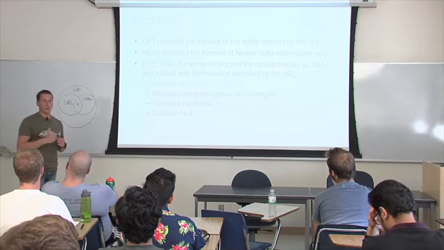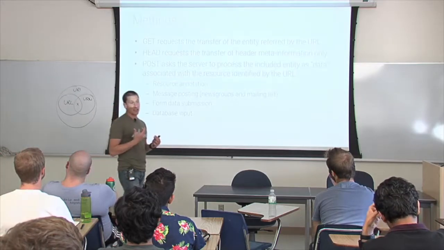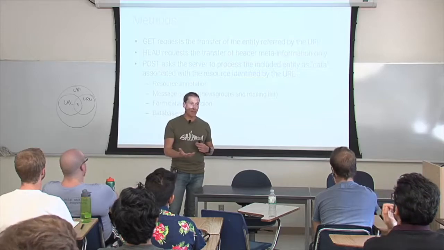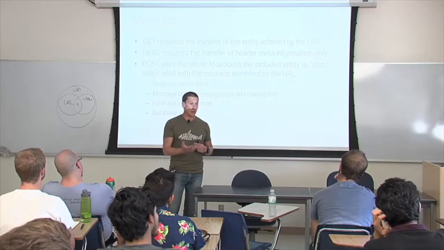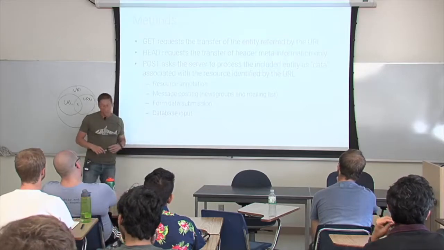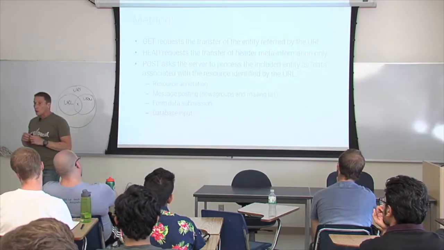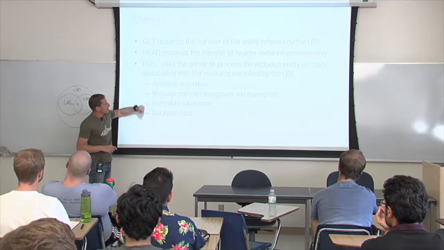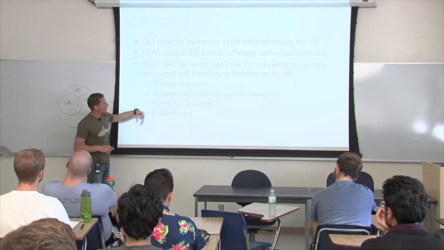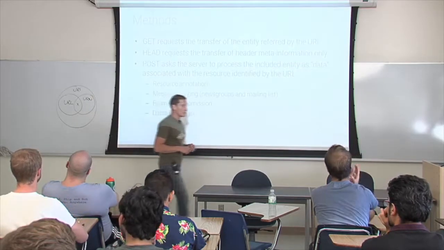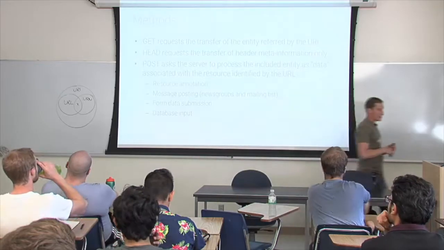It can tell you when it has been modified, and you can decide, oh no, I already have the latest version, so you don't have to download the whole thing in order to understand if you're interested in that file. And then you have POST, which is used to send data to the server, to annotate a resource, post a message, submit form data, and provide inputs to databases.